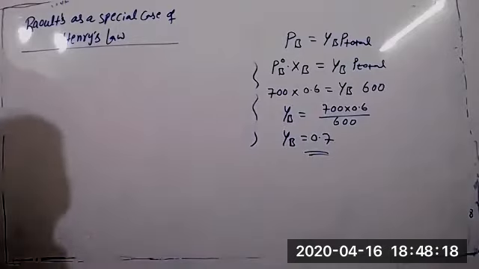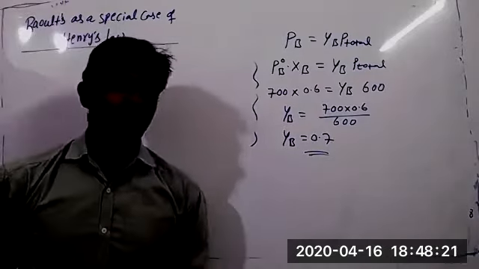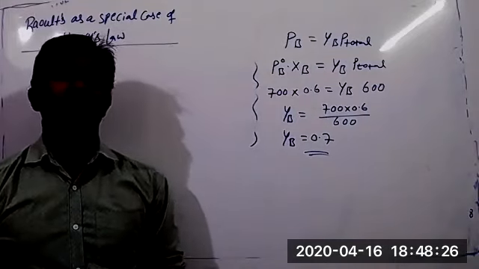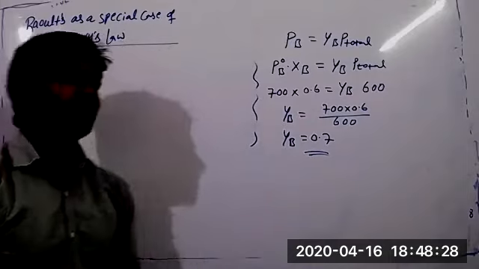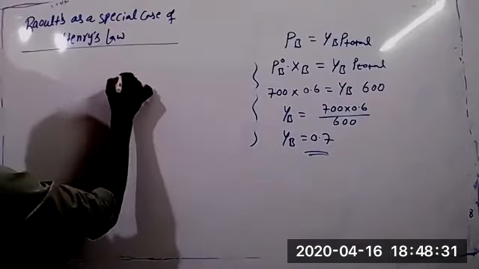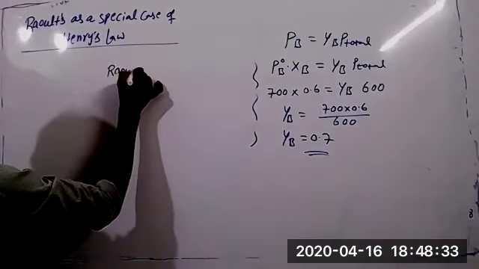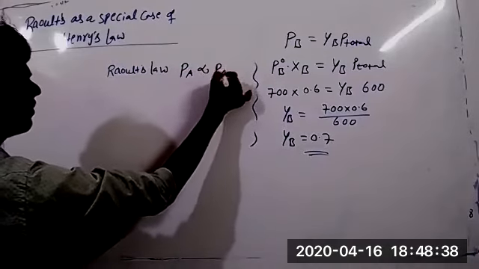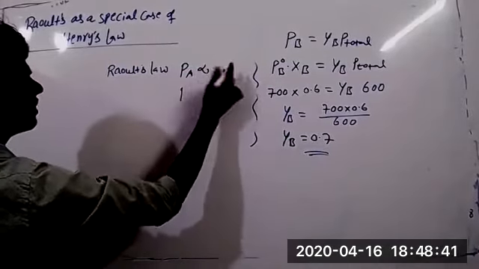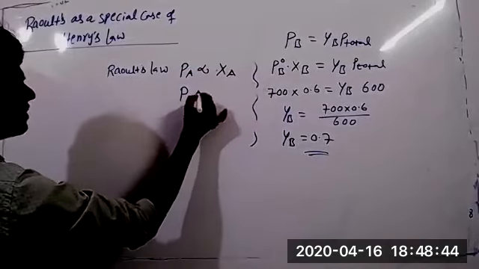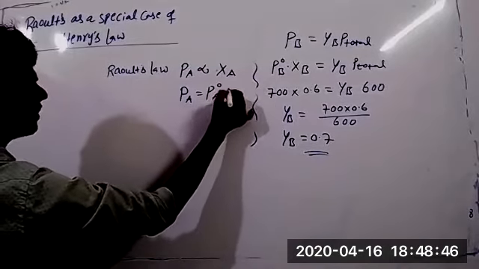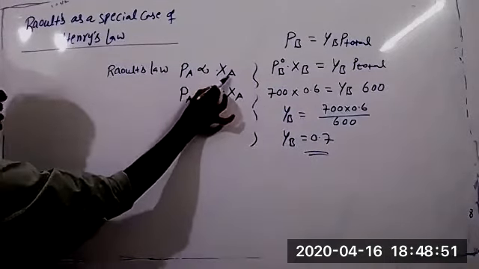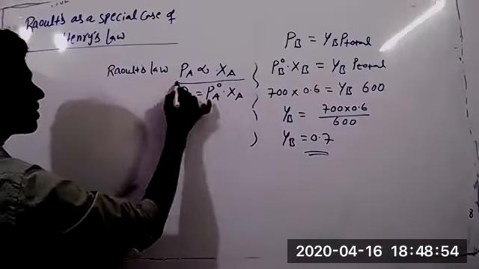So, according to Raoult's law, the partial pressure of each component is directly proportional to the mole fraction of that component in the solution. PA is directly proportional to XA, so PA is equal to PA power 0 into XA. This is according to Raoult's law.